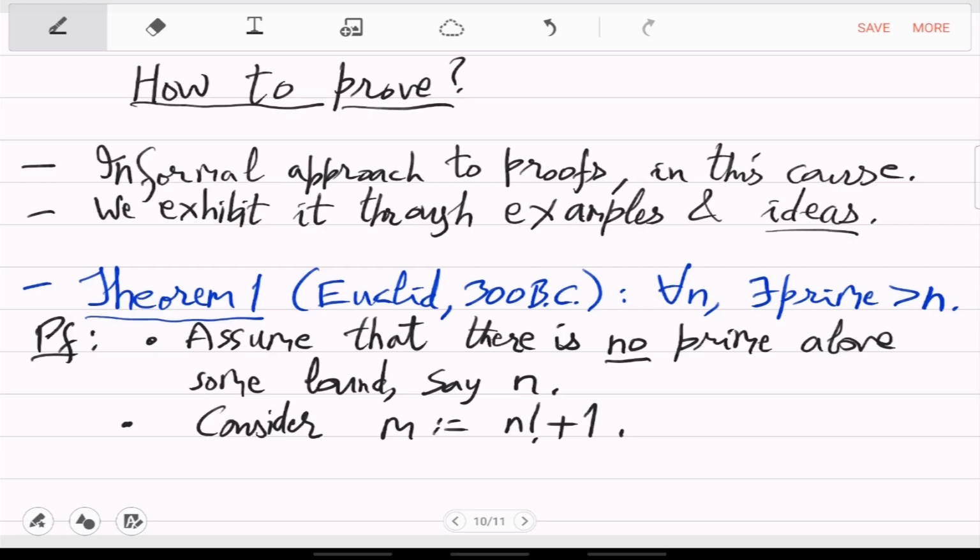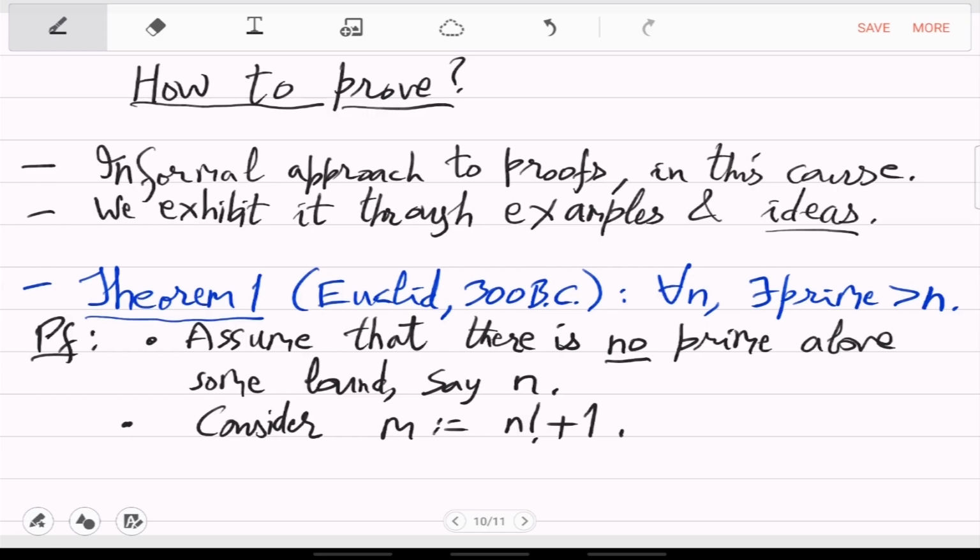And what is the property of m? None of the known primes can divide it, right? Why is that? Give a short proof for it. Let's look at some explicit number like 2. 2 will divide n factorial, so 2 cannot divide a multiple of 2 plus 1, right?